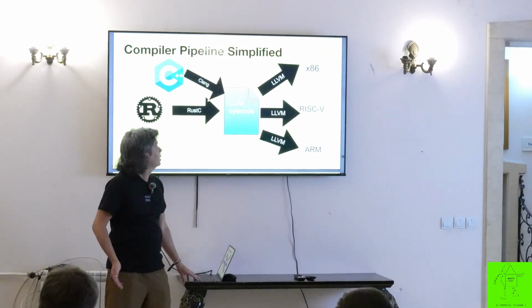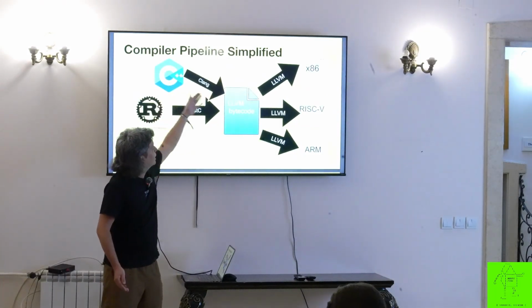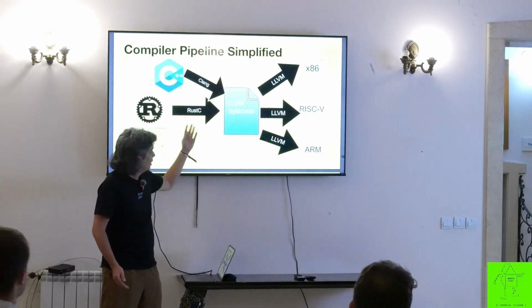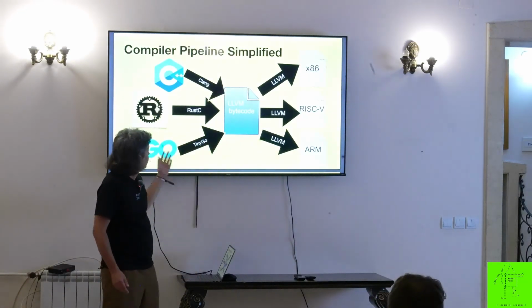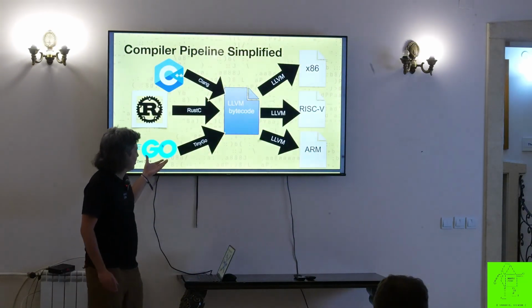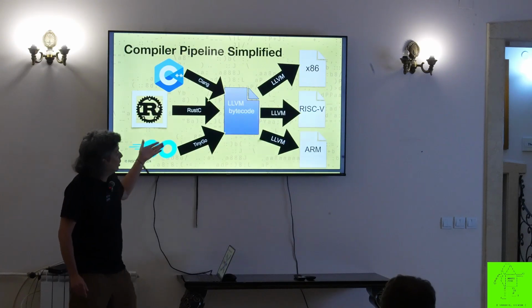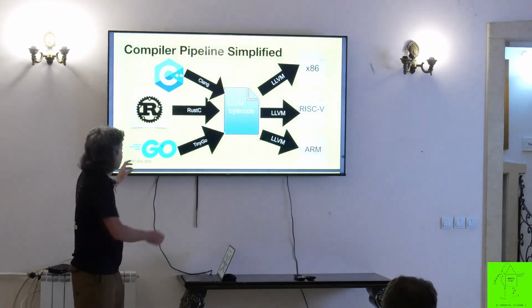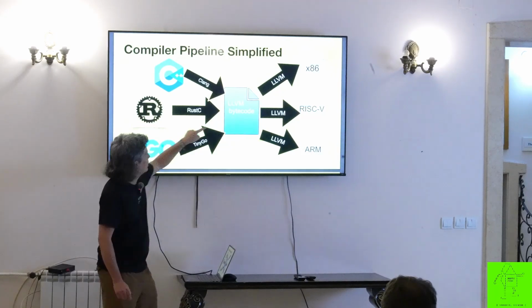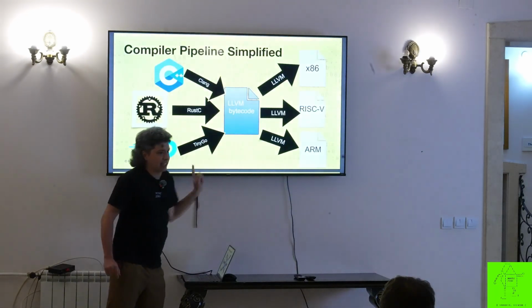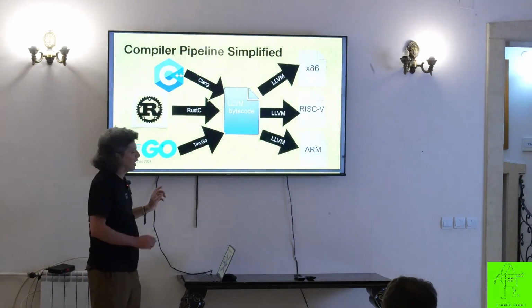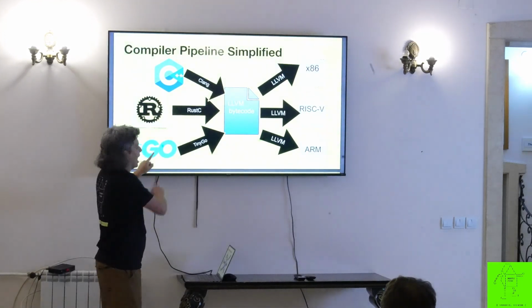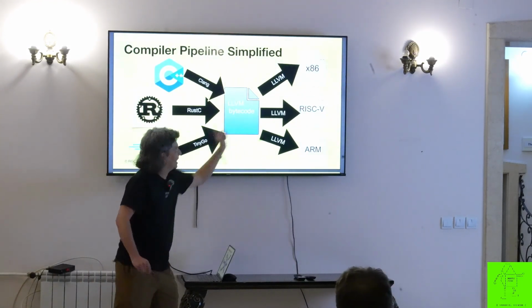So you have C and C++ compiling to LLVM as well, and some implementations like TinyGo will also compile to LLVM. This allows compiler developers to only write a front end, and then the back end will take care of itself. So it helps developers by not having to write all of these back ends.